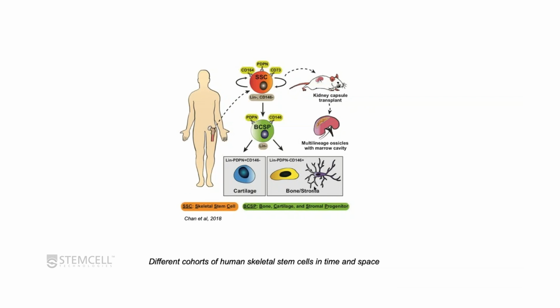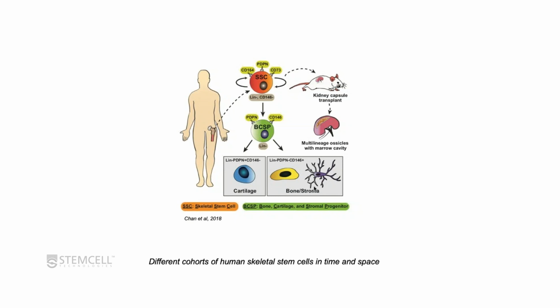And there are, as I said, many other reports on different types of skeletal progenitors. So altogether, these data demonstrate that rather than a system of equivalent mesenchymal progenitors, different cohorts of human skeletal stem cells exist in our body, at different times and places. And this is in perfect agreement with the physiology of our skeleton.